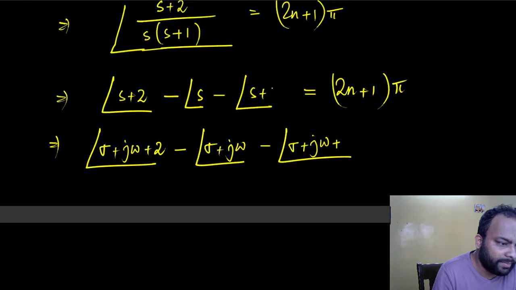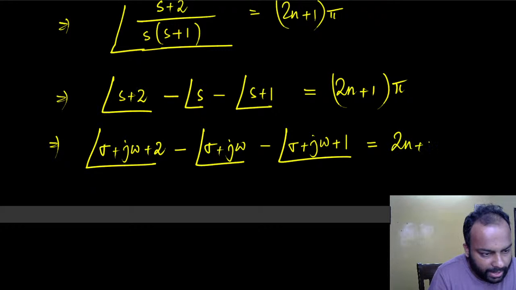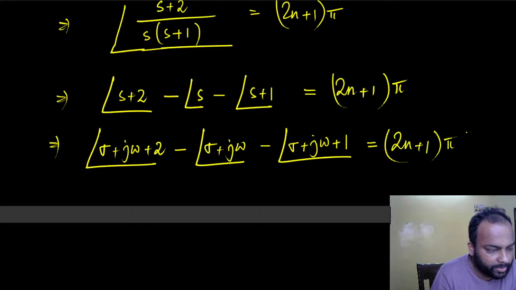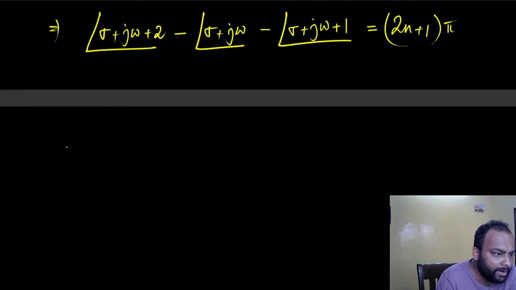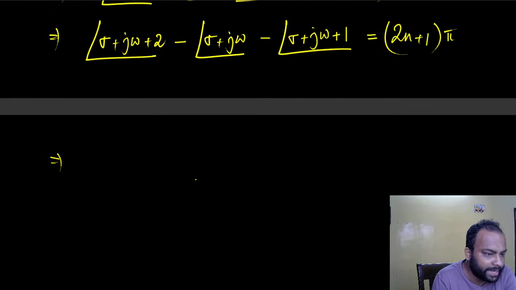That's going to be 1, right? But no one pointed that out, so maybe you are not following properly. And that's going to be 2n plus 1 times pi. That has to be true, right? Again, very soon we're going to settle with a particular value of n here. Yes, you pointed out. Thanks.